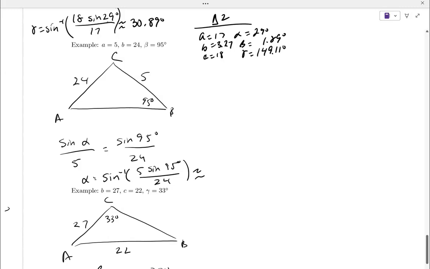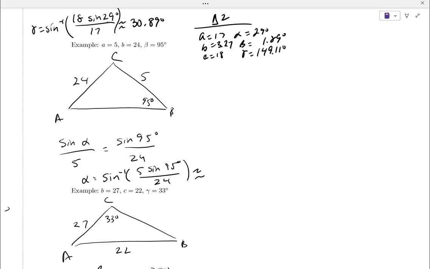Are we okay with that first one? I won't have time to get through all three, but I do want to mention something about the second one. Just looking at the way the problem is set up, do I have to worry about a second triangle? No. Beta is obtuse in this case. When we get a second triangle, we have an acute angle that works and an obtuse angle that works, but you can't have two obtuse angles in the same triangle.